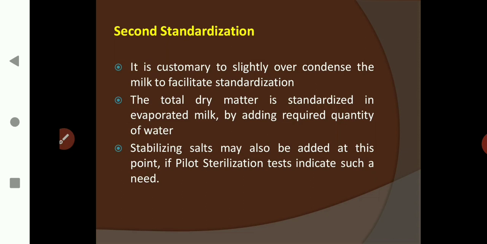When you sterilize normal concentrated milk, there are chances of coagulation. So stabilizing salt may also be added at this point if the pilot sterilization test indicates such a need. Okay, we'll come to that.